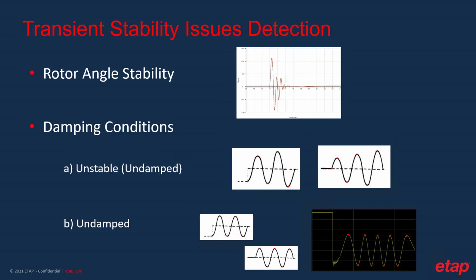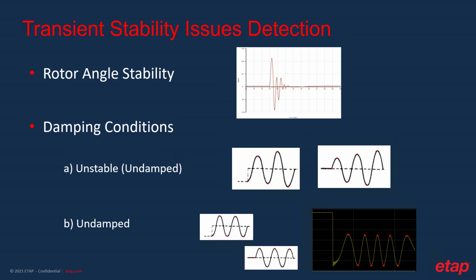After a disturbance, the rotor angle of the system machines should remain within a specific stability range. Once that angle exceeds the pre-established range, the stability of our system is compromised. Now, we will be able to detect this condition through the UDM scope plot view, as I'll show you in a minute with an example.